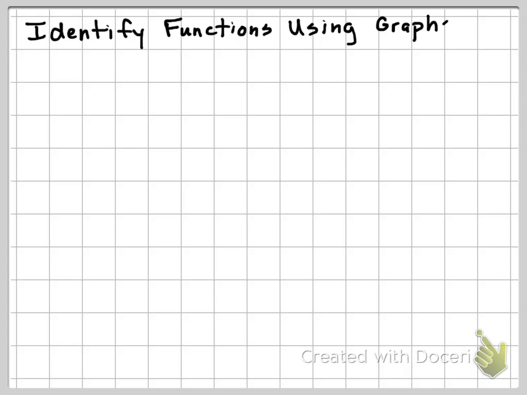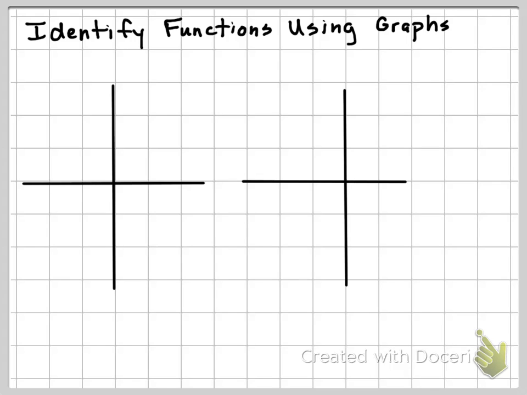Now, the first way that we will identify these is from a graph. Most of you can probably already figure out how we're going to identify them with a graph. It's just by using the second bullet point.